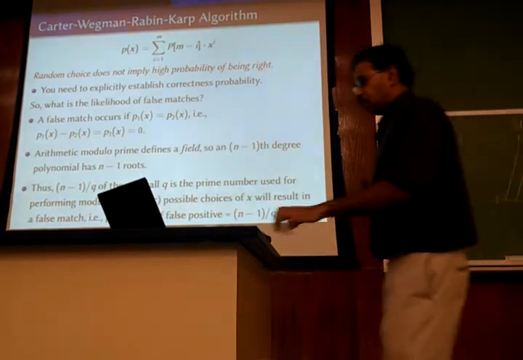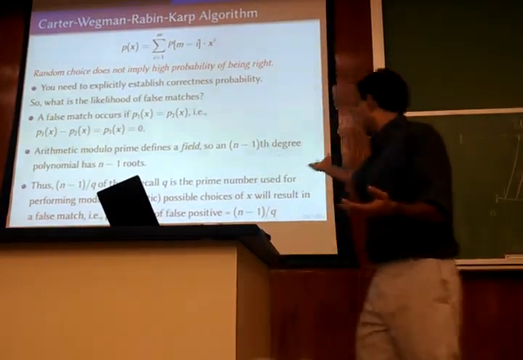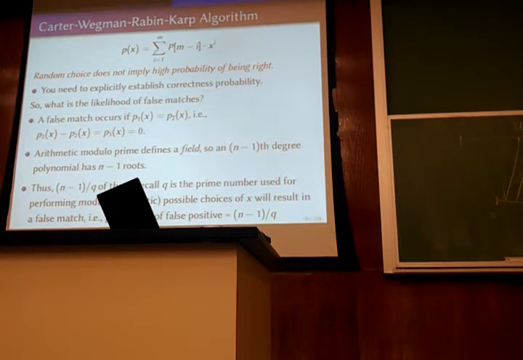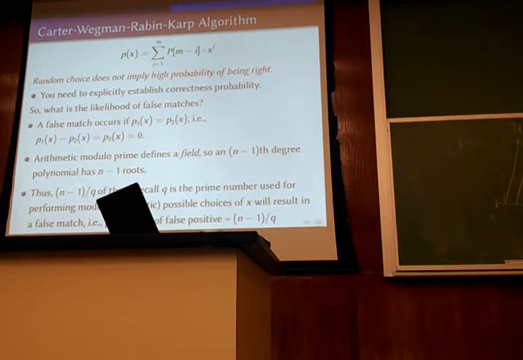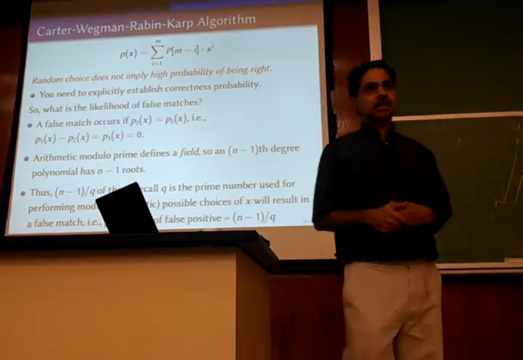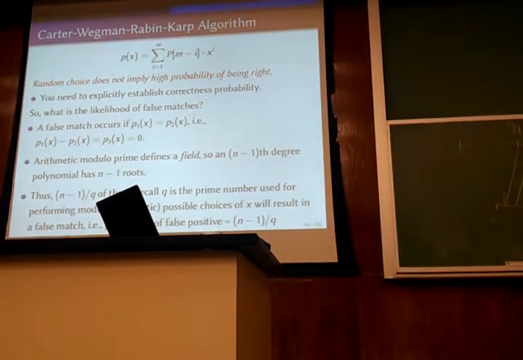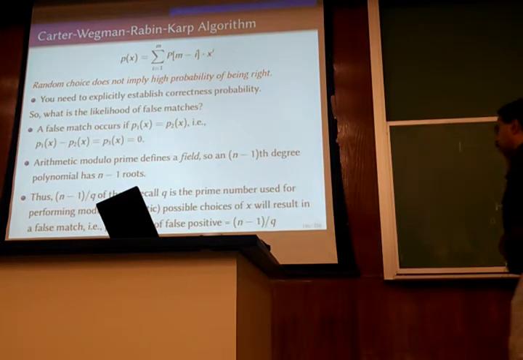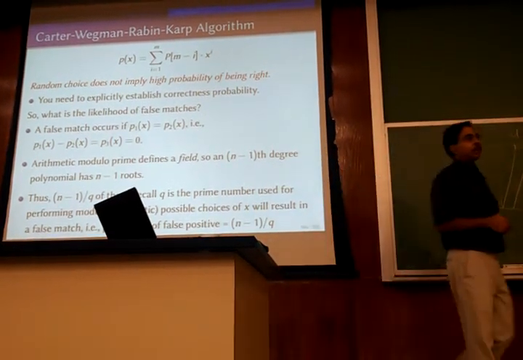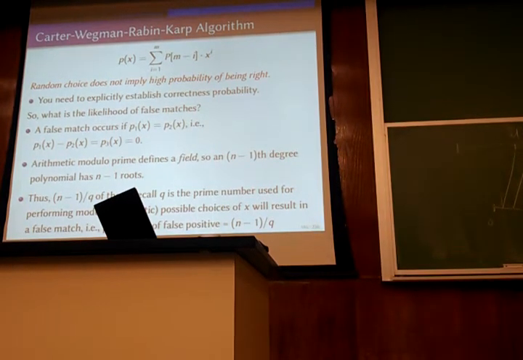So you can keep this probability of false match to maybe 1 in 1,000 to maybe 1 in a trillion, depending upon what n is and how big your word size is. And so this algorithm makes sense. Notice that this result about n minus 1 by q is not dependent upon a particular choice of P1 and P2.